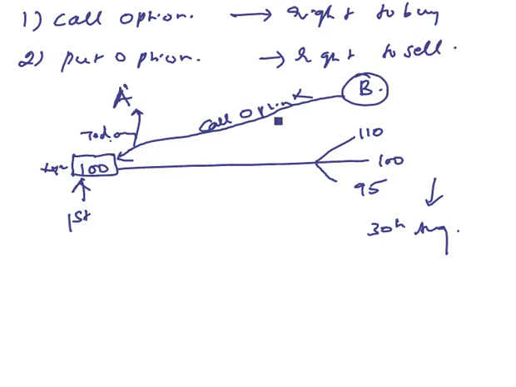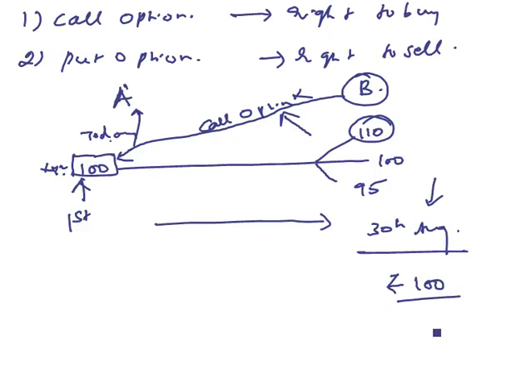Now let's travel down to the 30th day. Let's see in the stock market, the price of the stock XYZ is now 110. Now B will exercise this call option so that he will buy the stock XYZ on the 30th August at 100 rupees, even though the market price is 110.